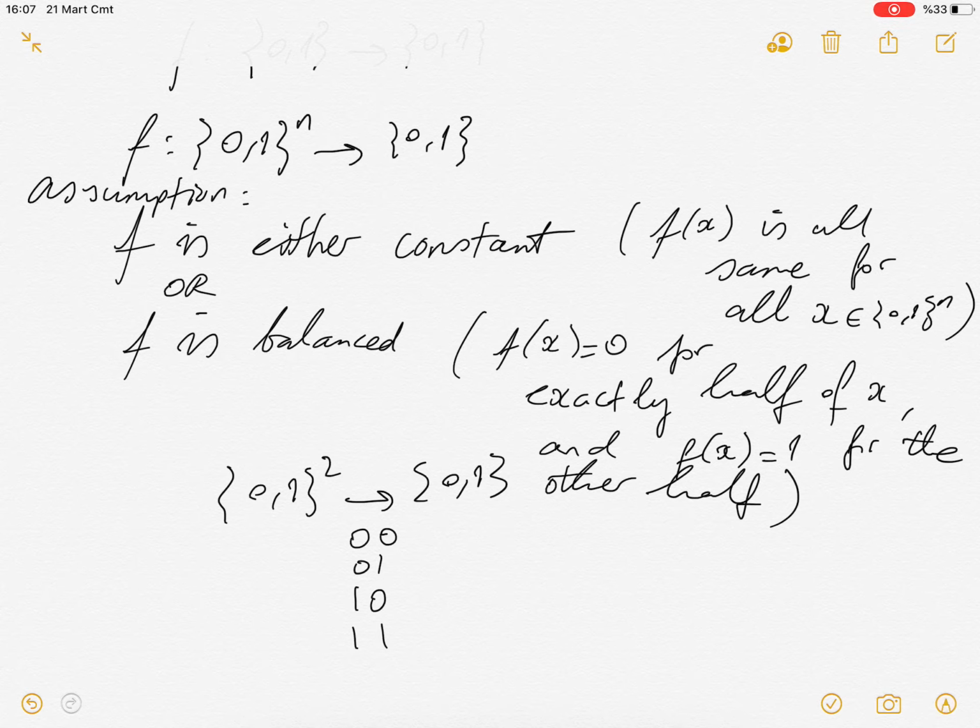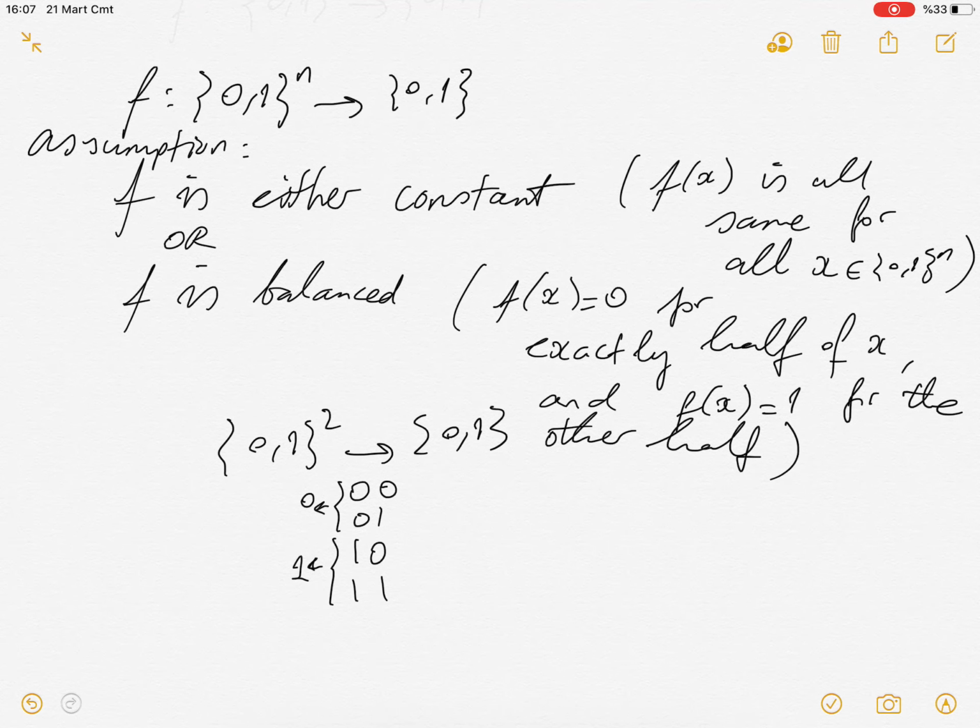Function f is balanced if for exactly 2 inputs it maps to 0, and for the other 2 inputs it maps to 1. So it's exactly half-half. And the problem is the same. Given f as a black box, the quantum version of f, of course, we're talking about Uf, and we're going to define it in a moment, we want to know whether f is a constant function or a balanced function.